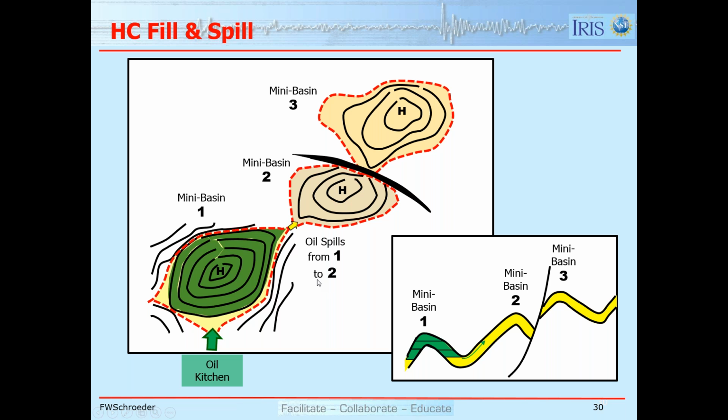If we continue to add oil, it will spill into mini basin 2 and start to collect at the apex of the anticline in mini basin 2, and that will continue until it gets to the fault spill point near the crest of the structure in 2, and it'll start to spill into the crest in mini basin number 3.